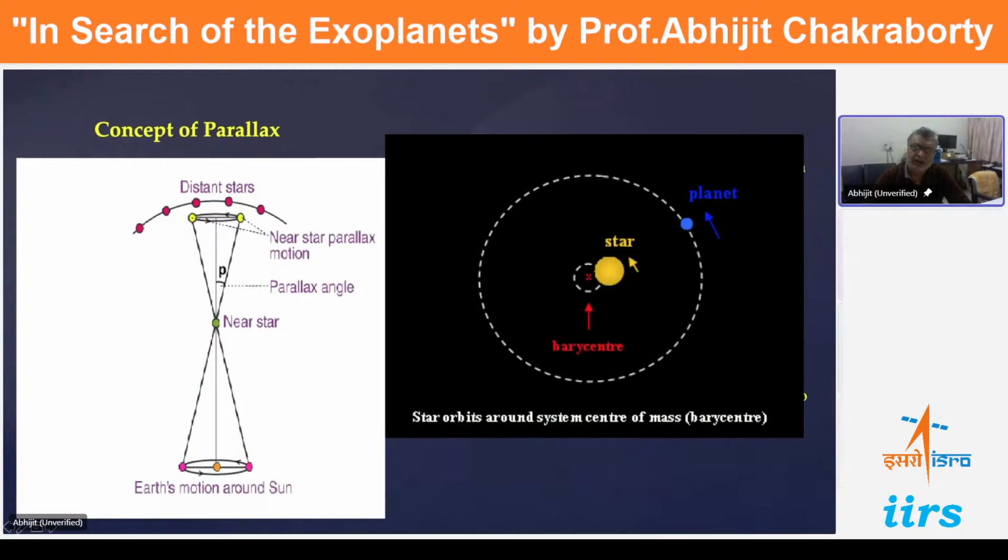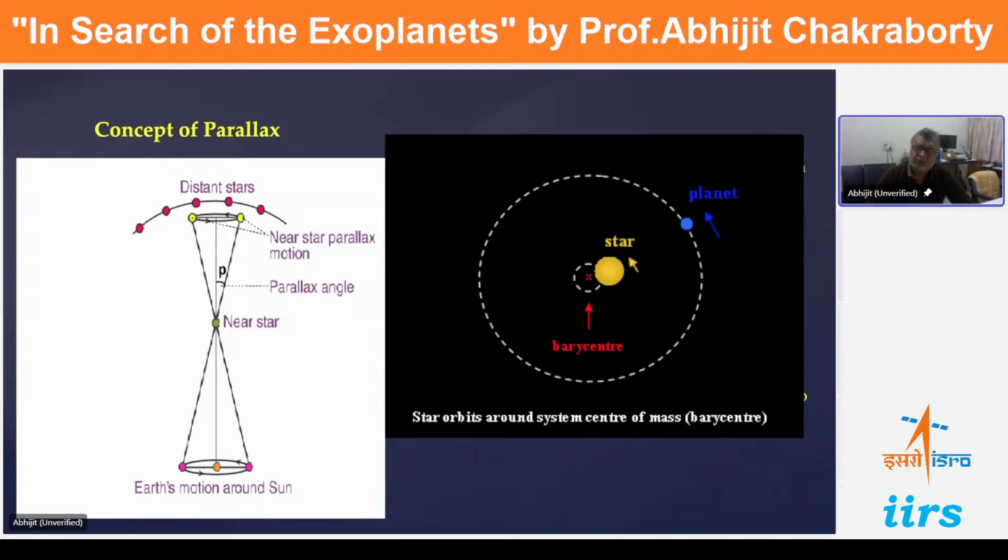So against the background stars, if you observe the star continuously for a few years, and you see it oscillating around a certain common point with a magnitude of micro arc seconds or several tens of micro arc seconds, that means there is a planet around it. Now, this kind of observation requires space-based observations, and this is the equivalent of Doppler measurements using ground-based spectroscopy, which I just talked about.